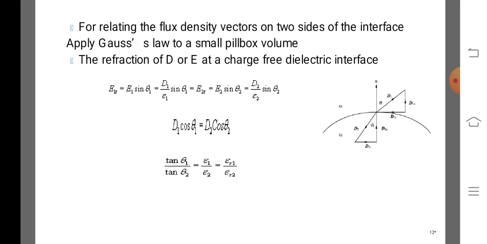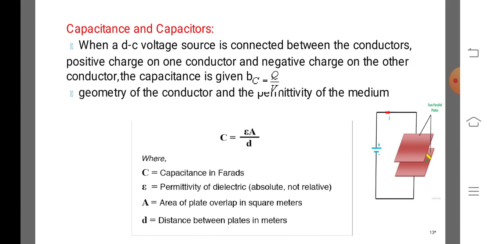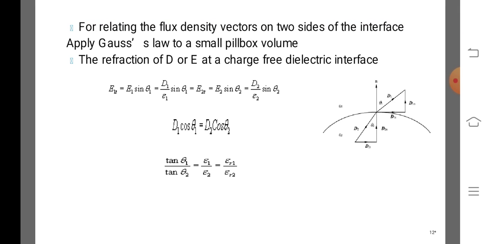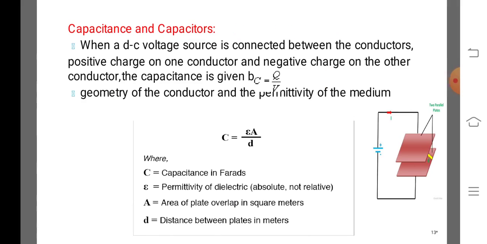Refer to the figure on this slide. To find the tangential component, we will make use of the reflection and refraction of D and E. This representation always compares the electric field and flux density: tan theta 1 by tan theta 2 equal to epsilon 1 by epsilon 2 equal to epsilon r1 by epsilon r2.